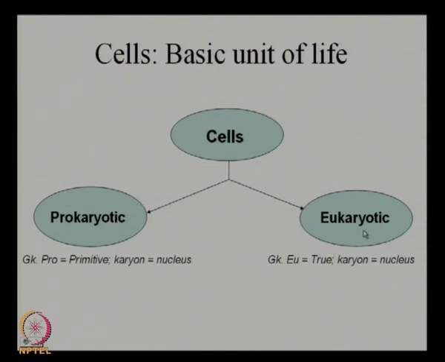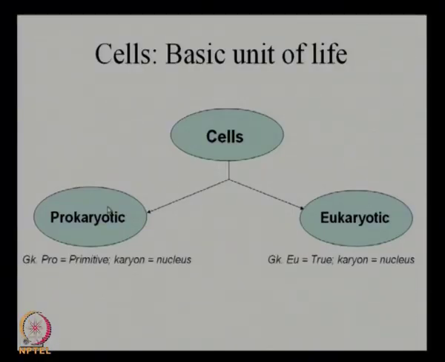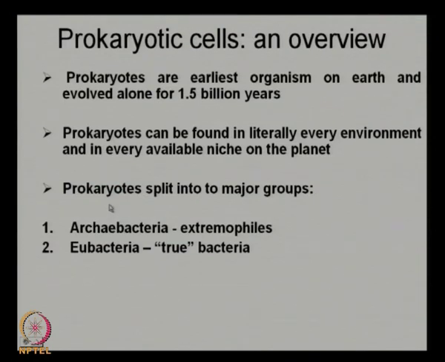Eukaryotes are the developed cells where the nucleus has its own nuclear membrane, which is not there in the case of the prokaryotic organism.